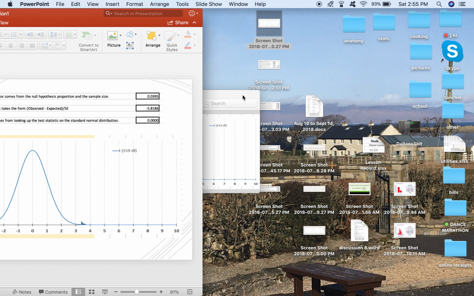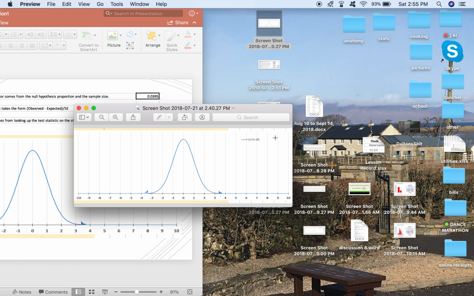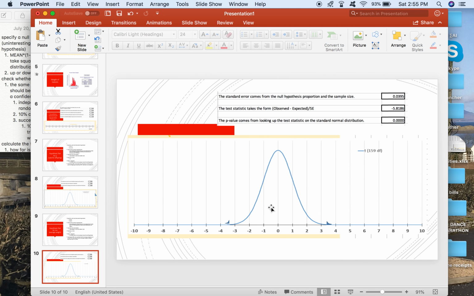I kind of messed that up, but I used the t distribution with 159 degrees of freedom because I had a sample size of 160, and I put them out here to show that it is at the very edges of the distribution. The standard error was 0.0395.